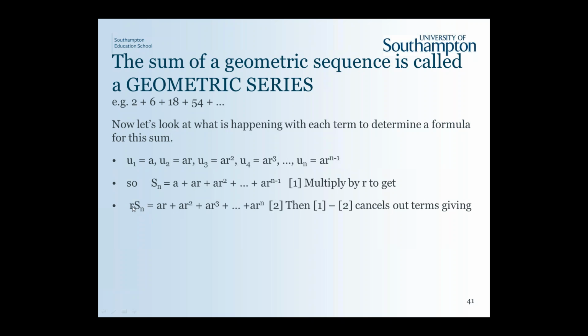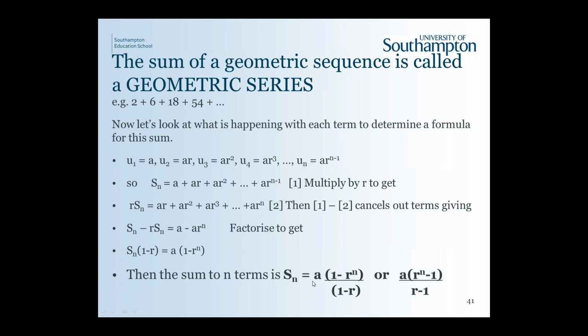We then do this first one minus the second one, it doesn't matter which way around. So we get Sn minus rSn, and all of these disappear. So you're just left with a minus ar to the n. Factorise out the a and the Sn, and we can then divide through by 1 minus r. So this is the formula for the sum of a geometric series.